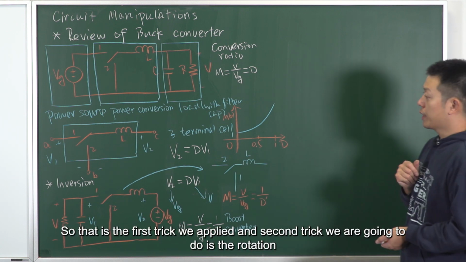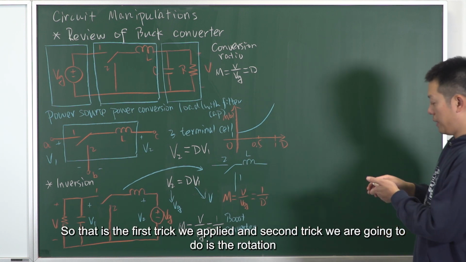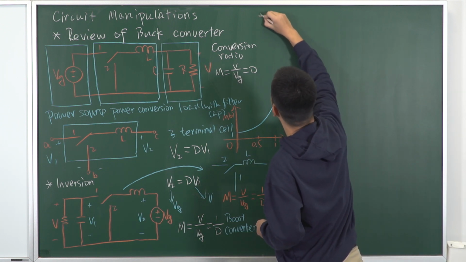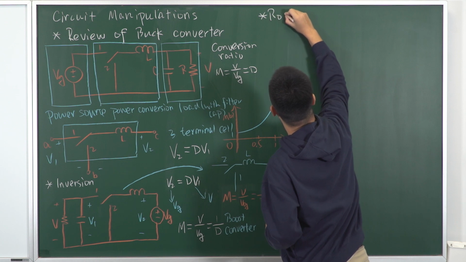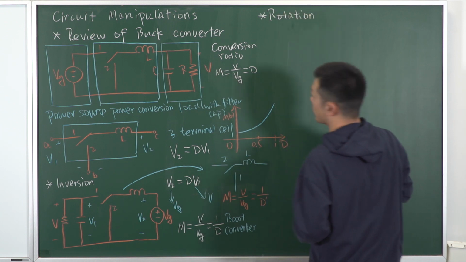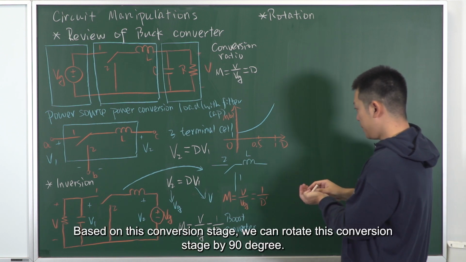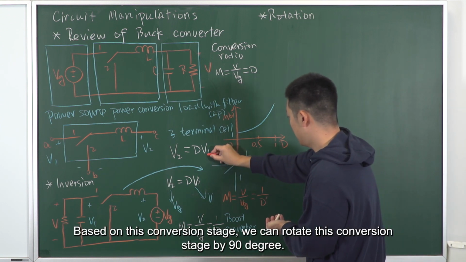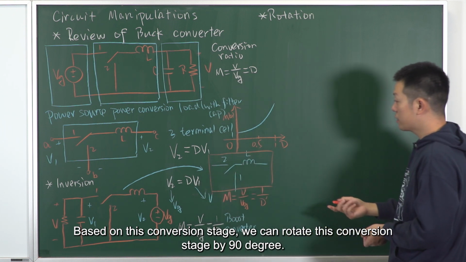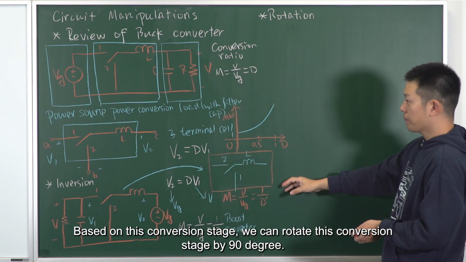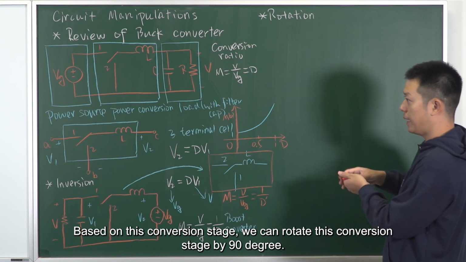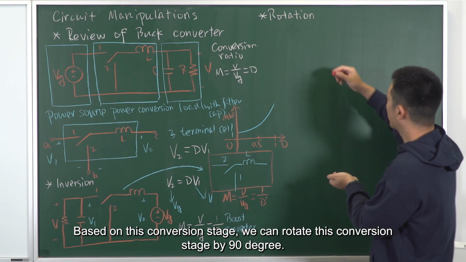So that is the first trick we applied. And the second trick we are going to do is the rotation. So based on this conversion stage, we can rotate this conversion stage by 90 degrees.